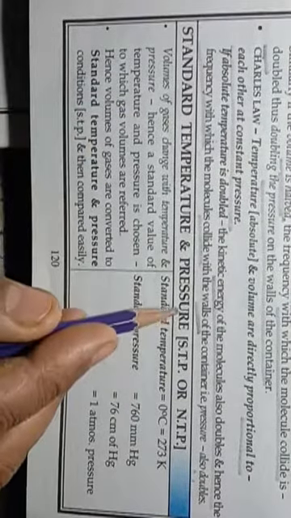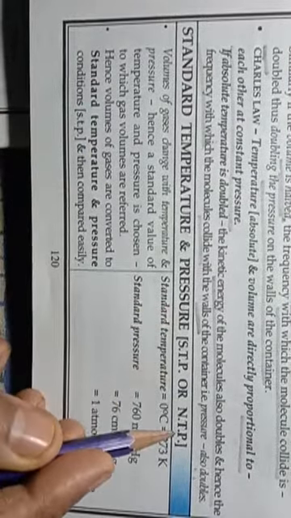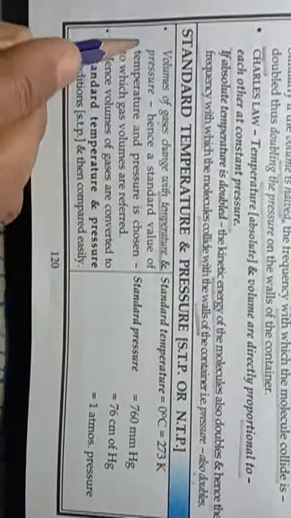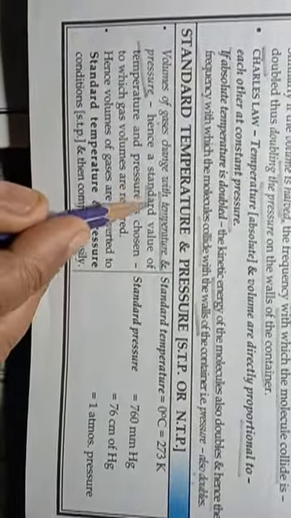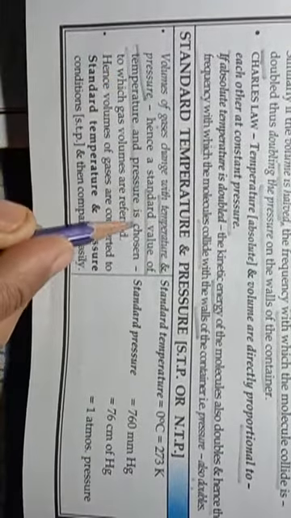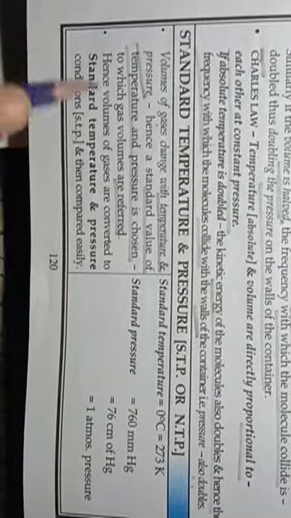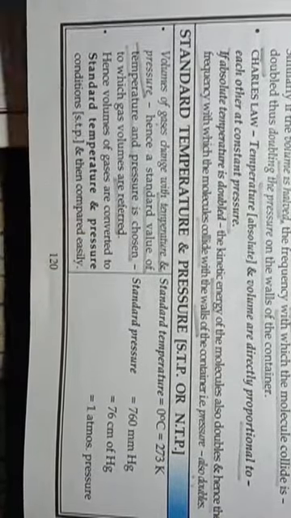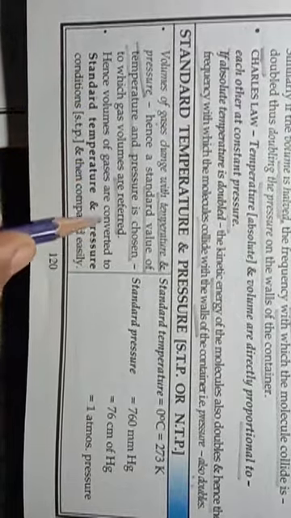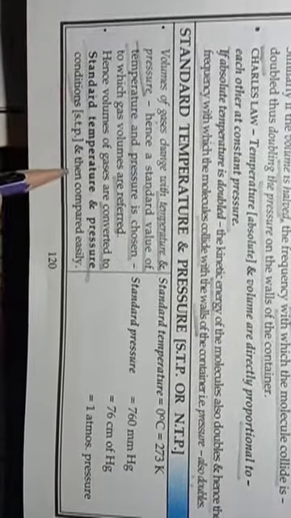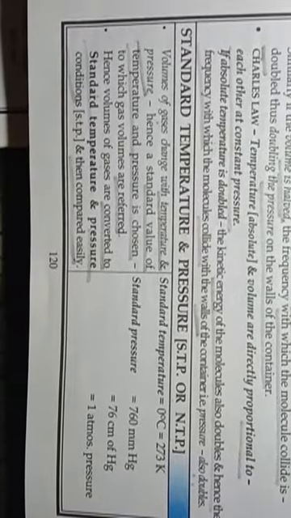Standard temperature and pressure, STP or NTP. Volumes of gas change with temperature and pressure. Hence, a standard value of temperature and pressure is chosen, to which gas volumes are referred or can be compared. Volumes of gases are converted to standard temperature and pressure conditions and then compared easily.